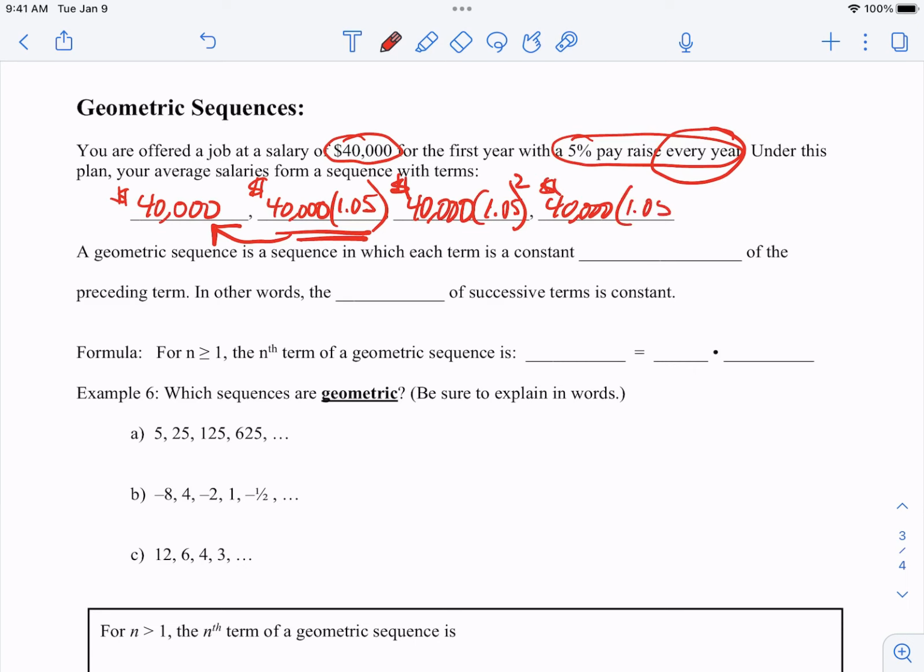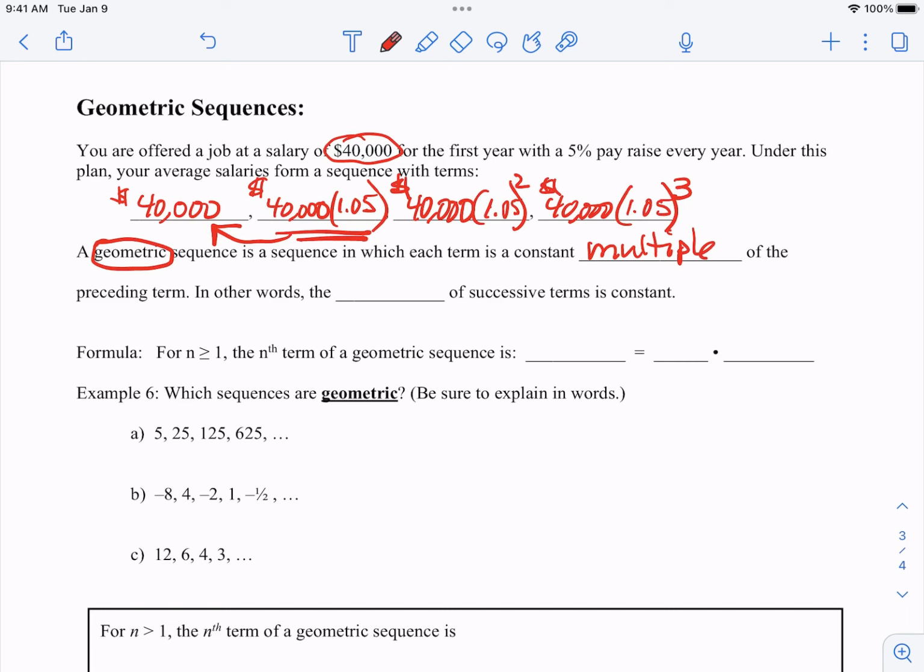If you keep this going every year, you're going to be getting higher and higher powers of 1.05. And so this becomes what we will call a geometric sequence. A geometric sequence is a sequence where each term is a constant multiple of the previous term.